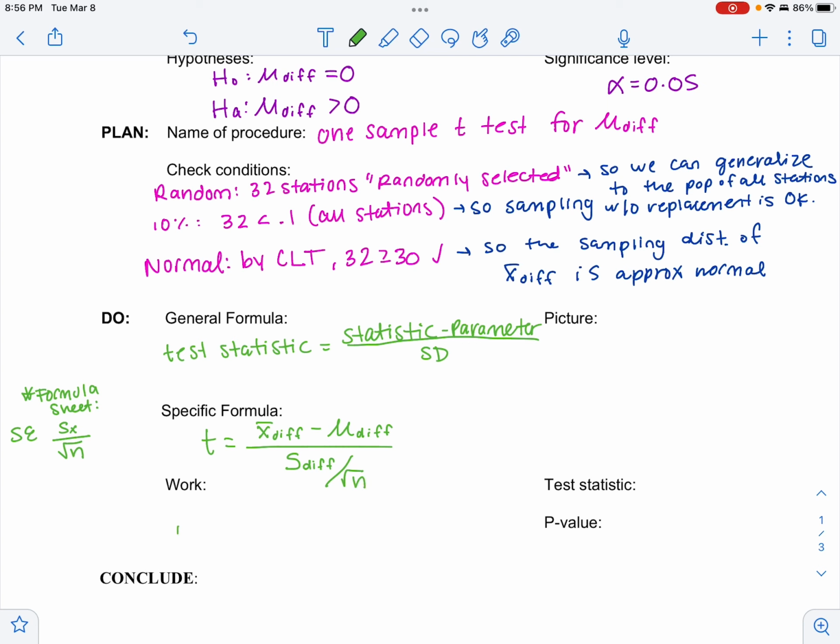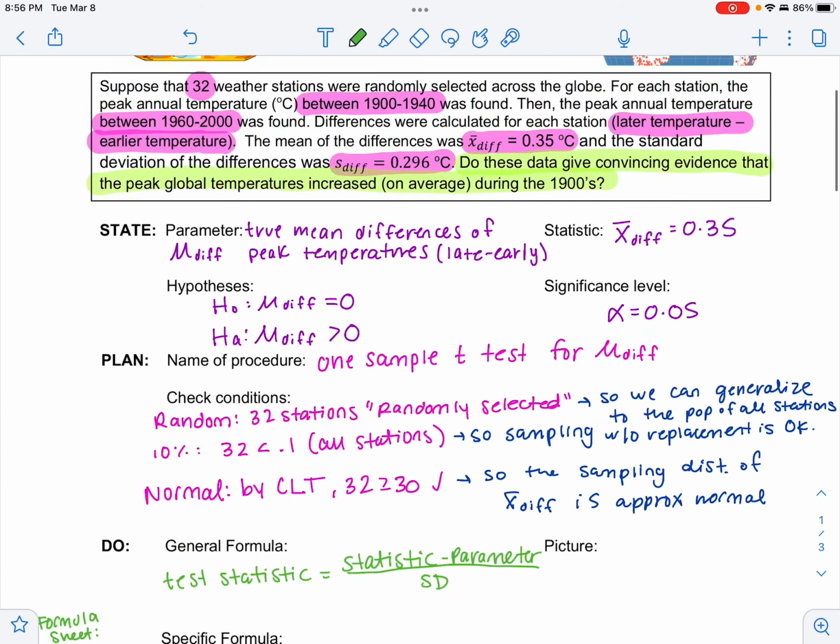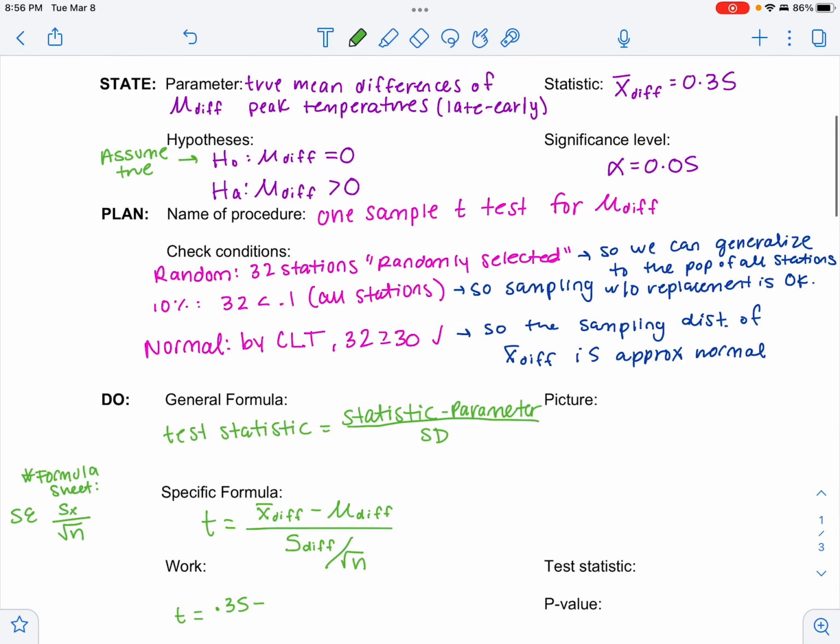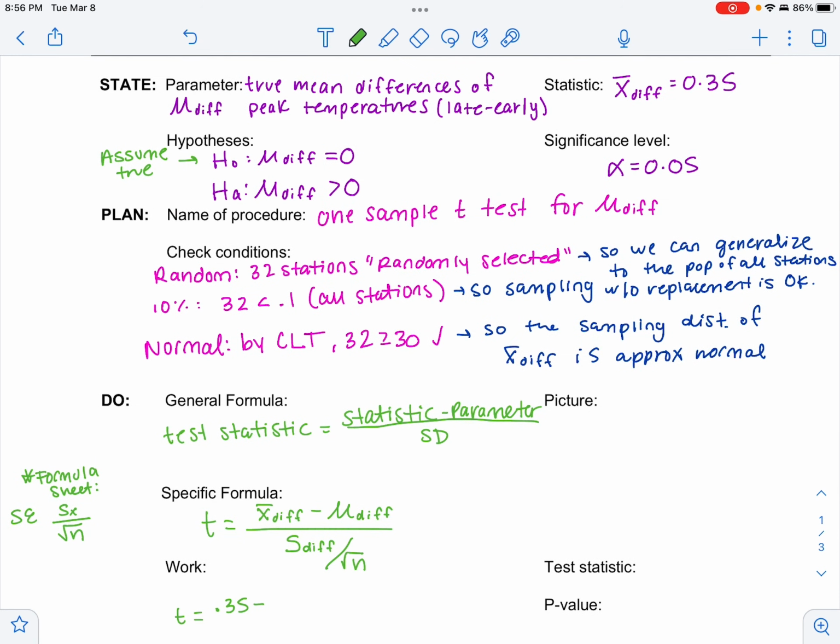So for my work, I can plug in t equals for x bar subdifference. We know that that was given in the problem as 0.35 minus mu subdifference. Remember, we always assume that our null hypothesis is true, and so that's what we use as mu subdifference.